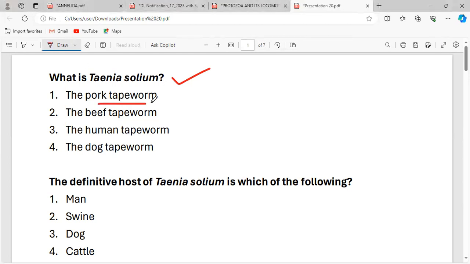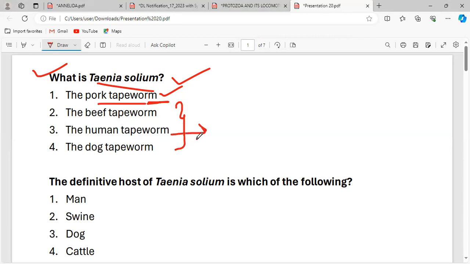Good. A perfect type of question. So, this is the question we are solving now. How to solve this question? For example, what is Taenia solium? You all know the answer: pork tapeworm. And we should not stop at this. What is our duty to do? What is beef tapeworm? What is human tapeworm? What is dog tapeworm?